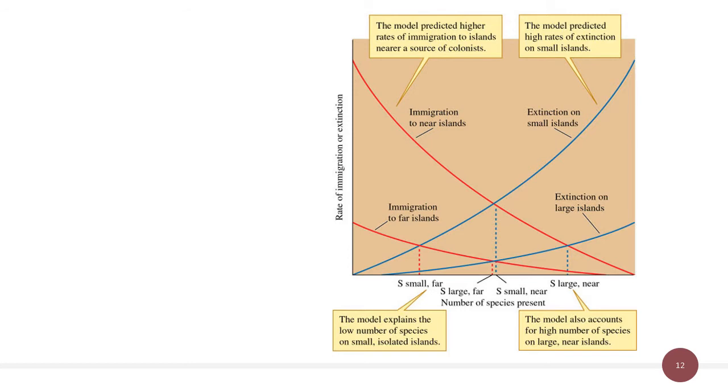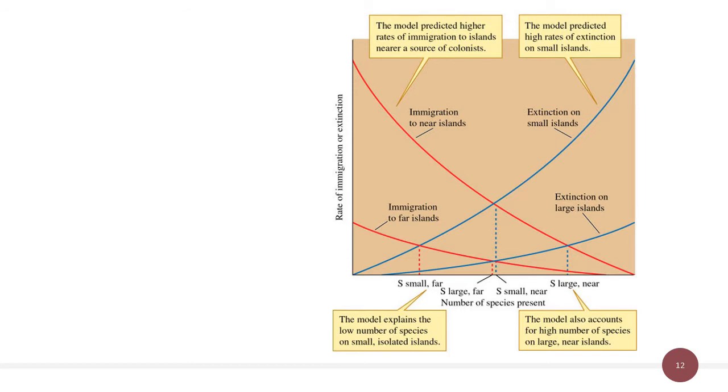And so this particular graph is pulling in those effects of isolation on immigration and the effects of island size on extinction, to look at some different scenarios.